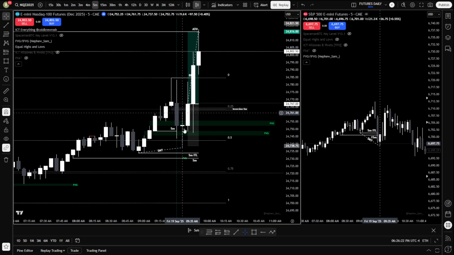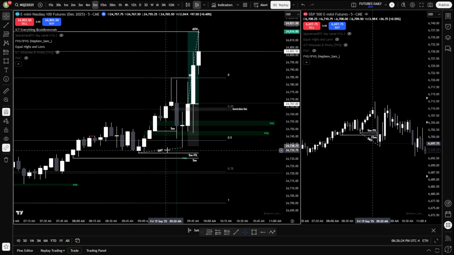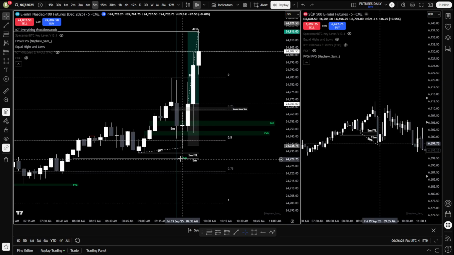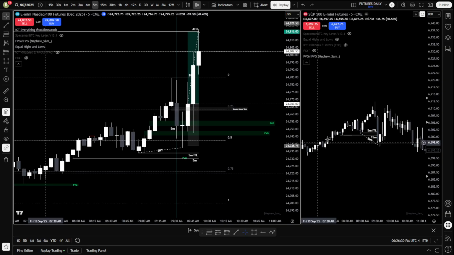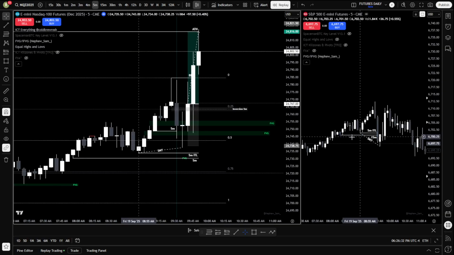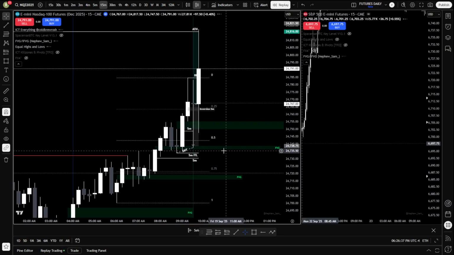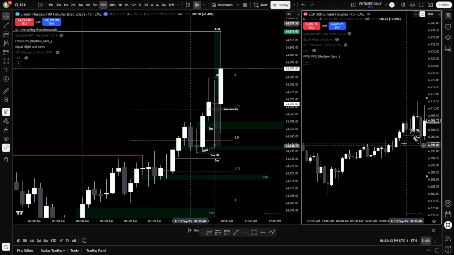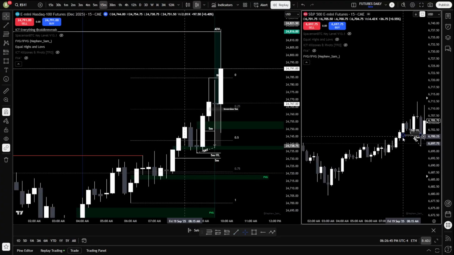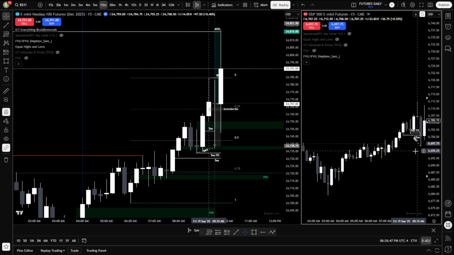And then we got this nice wick out of this SMT here. ES took out this 5 minute intermediate term low right here, and also this 15-minute fair value gap that I marked out on the 15-minute chart. I didn't mark a green box out on ES, but we do have that 15-minute fair value gap there, as you can see.